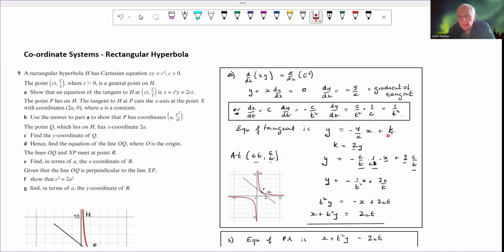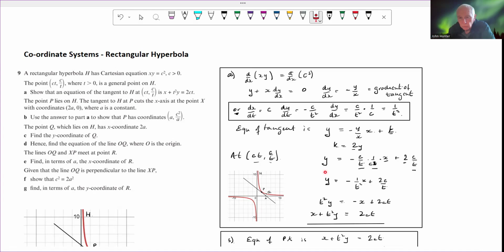It kind of looks wrong, doesn't it, with this cancellation going on with the x? But anyway, plus the intercept there, which I've called k because obviously c is used in the equation for the hyperbola up here. So that gives us k equals 2y.